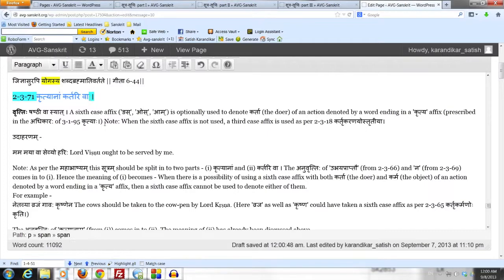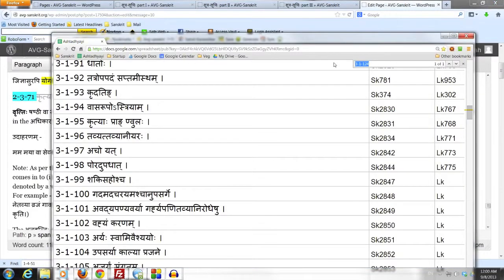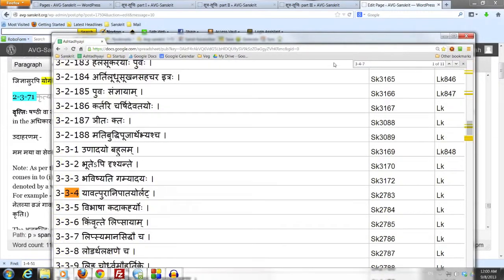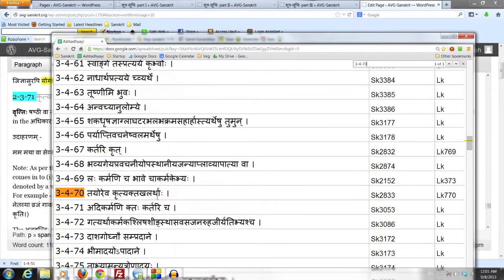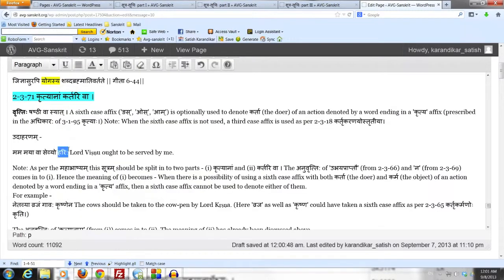Please note one more thing, that as per 3.4.70 Tayoreva Kritya Kta Khalarthaha, a kritya pratyaya is used bhave athava karmani. So the agent of the action is anabhitaha, not expressed by the kritya pratyaya, but the object of the action, in this case hari, is abhitaha, denoted by the kritya pratyaya.